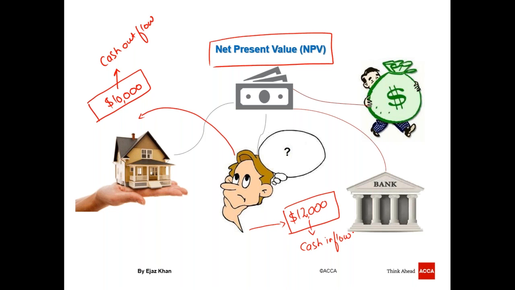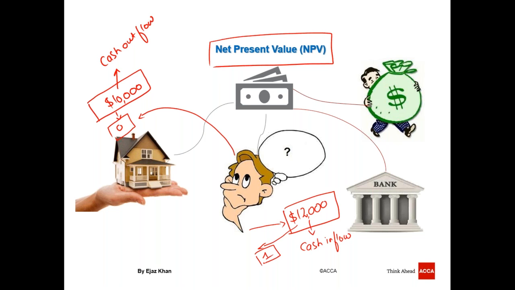this is not a straightforward decision, because the amount to be invested is required to be invested at time 0, and what Mr. A is going to receive will be in a year's time. So there is a 1 year difference between the cash outflow and the cash inflow.